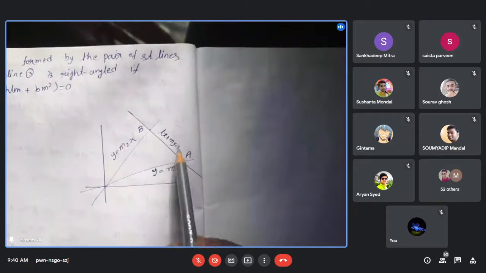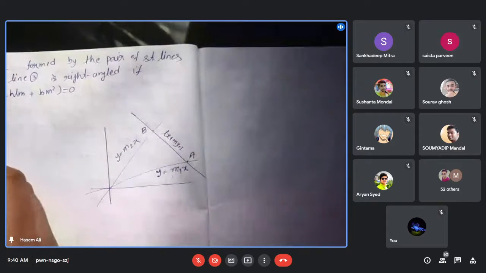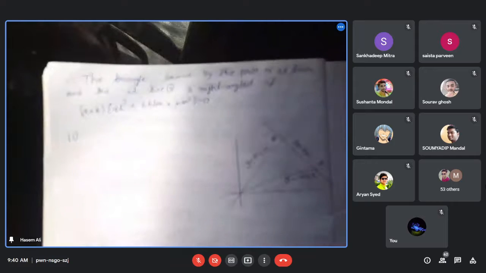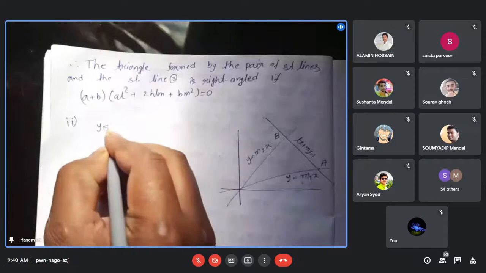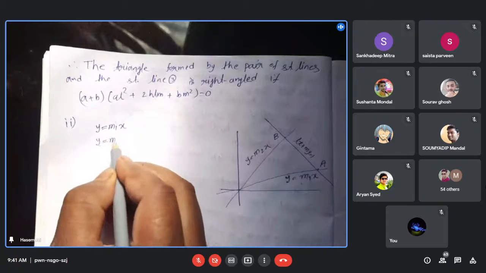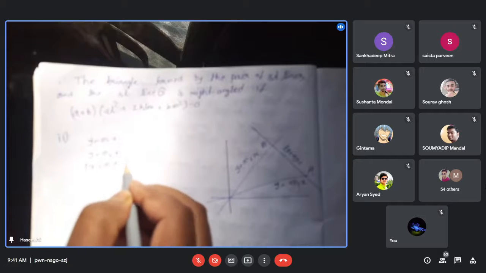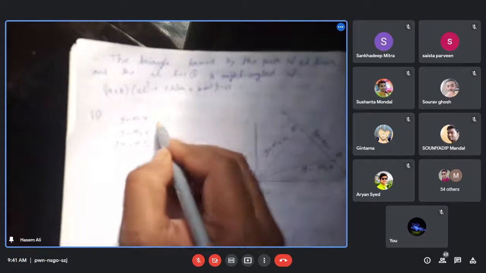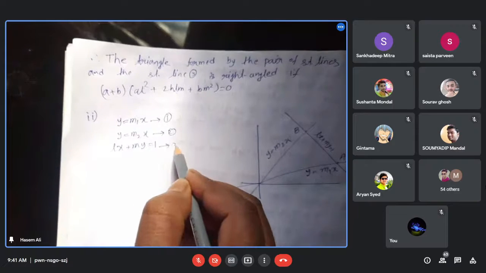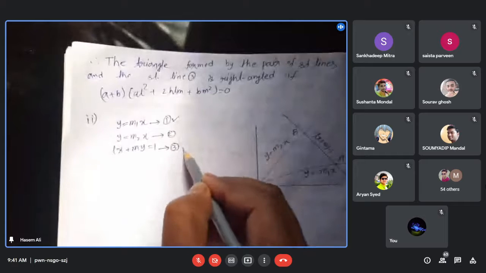Just solve these two equations. y equals m1x, y equals m2x, and lx plus my equals 1. This is equation 1, this is 2, and this is 3. Then solve equation 1 and equation 3.